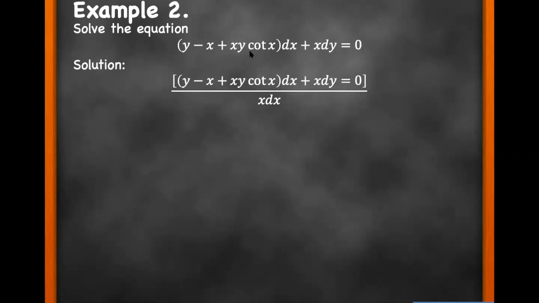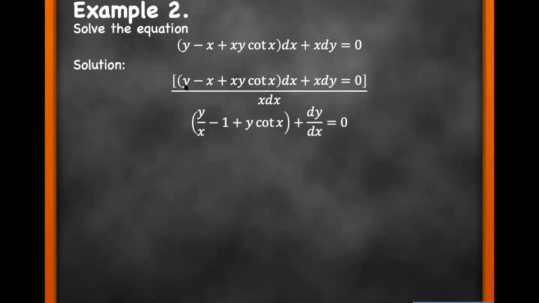okay, I'm assuming here that this is linear in y. It means that I will divide both sides by dx, so I will have dy over dx. And to remove this x, I'll divide both sides by x. That's why we have this equation here, dividing it by x dx.